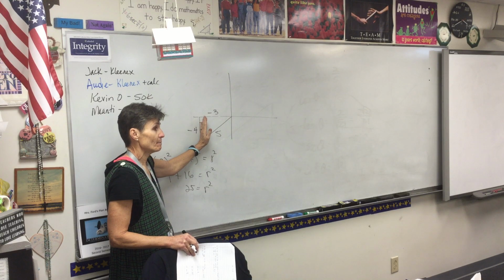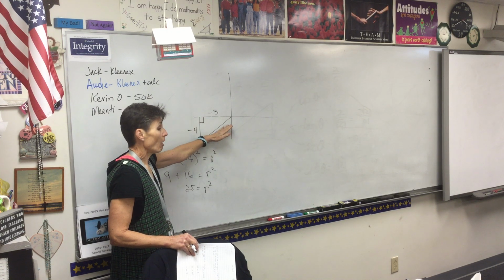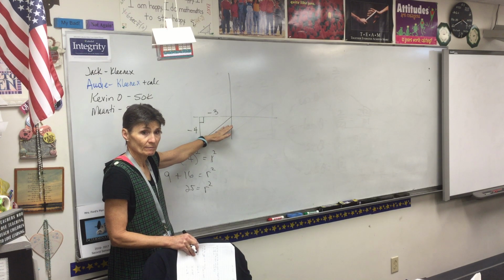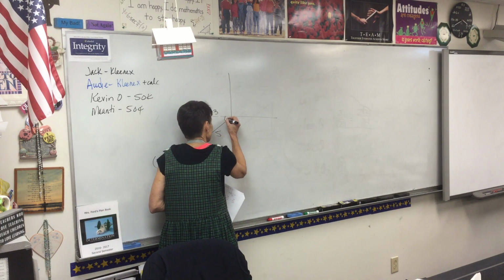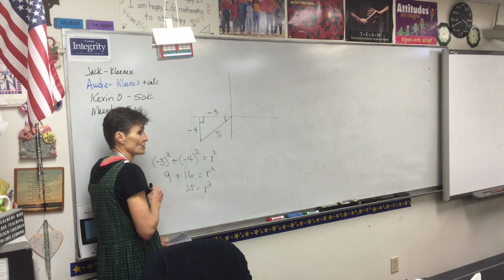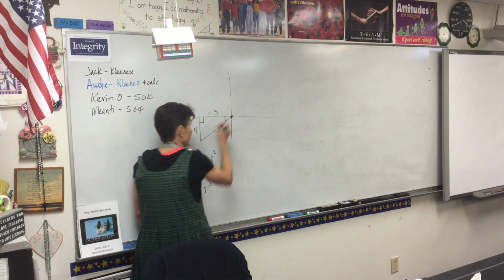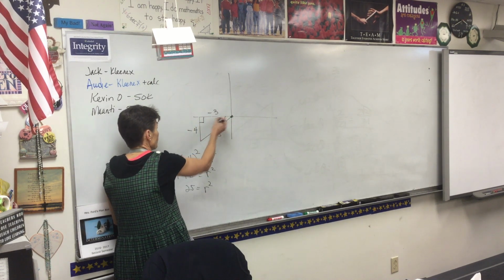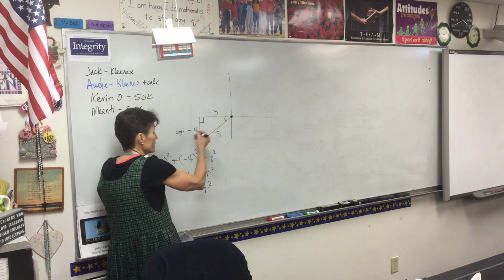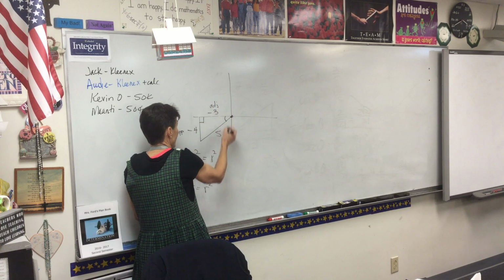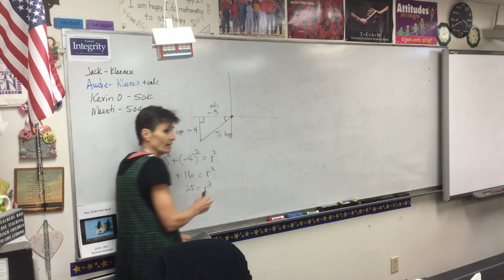X and y can be negative, but R will always be positive. Now, the angle that we use is always the one at the origin. Always the one at the origin. So this is my opposite side. Would you agree? This is my adjacent side, and this, of course, is my hypotenuse.